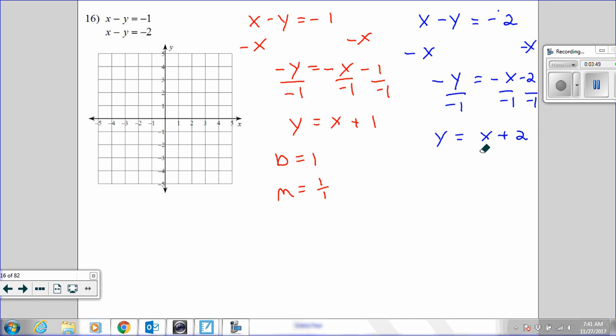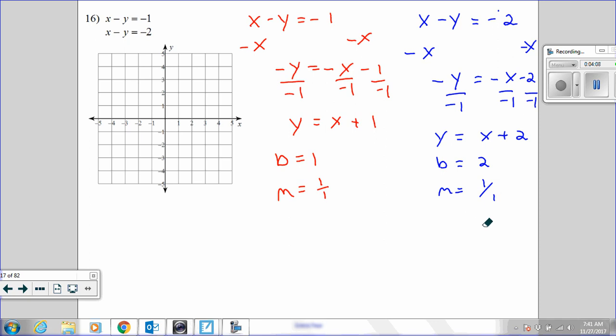And next I have y is equal to x plus 2. Now I have it in slope-intercept form here. And now that I have that, I can go ahead and indicate my b and m. So my b is going to be 2, and my slope m is going to be 1 over 1 again.